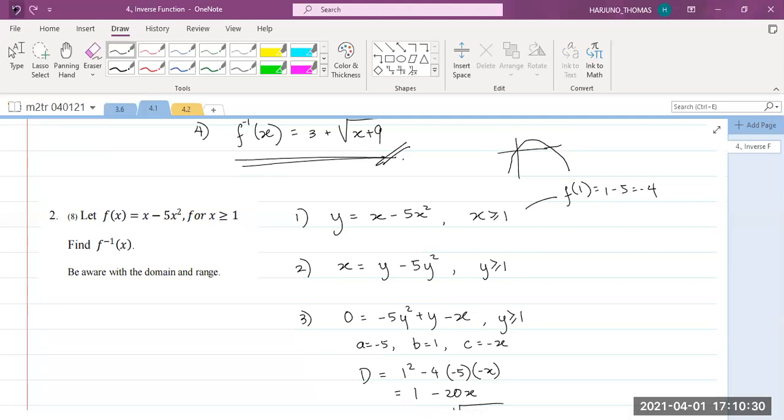The graph looks like that, but the cutoff point is not there. This is x equals 1. So the function is decreasing from there on, so the range will be y is at most negative 4. That's what you will follow later on.